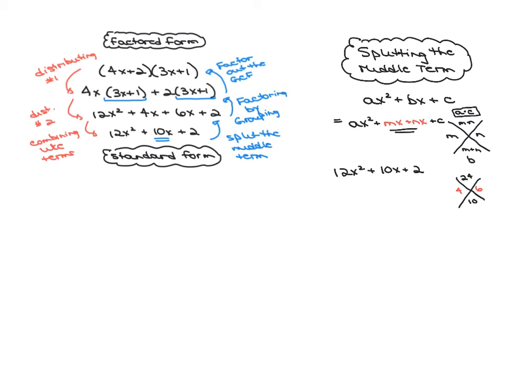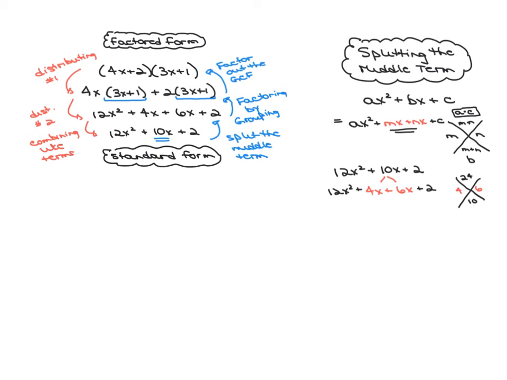And that tells us how we're going to split our middle term. It's going to become 4x plus 6x. Again, undoing combining like terms. And notice that gets us from the quadratic in standard form, and we go back one step, and we're now in the form ready to do factoring by grouping.